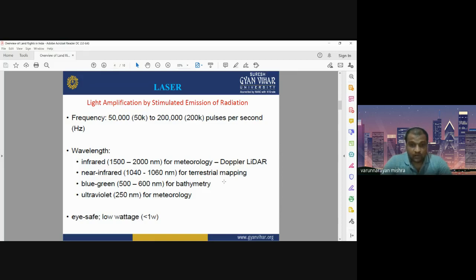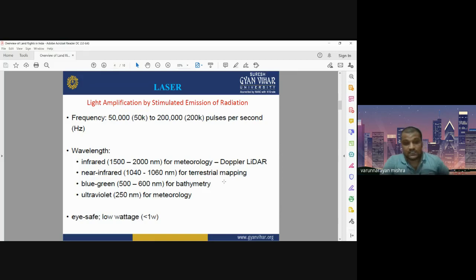So bathymetric operation can be used for analyzing the depth and the water quality in the oceans. For bathymetric application of lidar, we go for the blue or green wavelength portion of the electromagnetic radiation. Ultraviolet may also be used for meteorological applications.